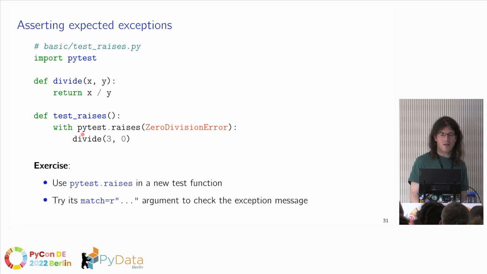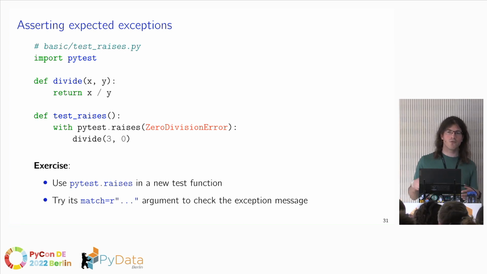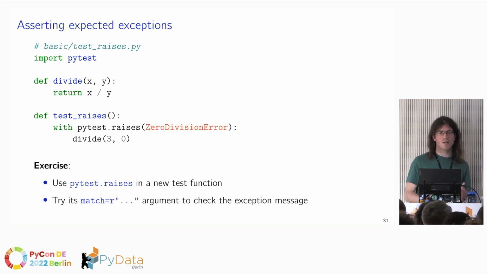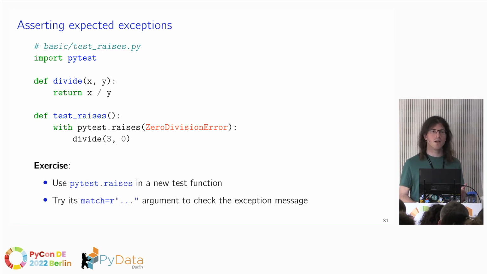And there is a function normally used as a context manager, so with this with keyword, called pytest.raises. Normally you would use with something like with open some file name as f, but Python generalizes this concept, calls it a context manager, and any object can expose itself as such a context manager, and then define what should happen before this block of code and what should happen after it.